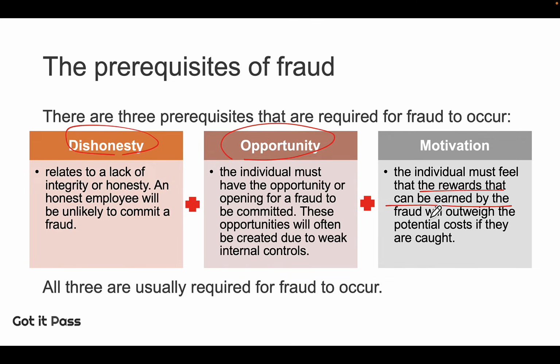So for motivation, it means the individual has their own calculation and finds the rewards from fraud are much higher than the cost incurred. So they will go ahead with fraud if they have the opportunity and they are dishonest. So all three conditions here are usually required for fraud to occur.